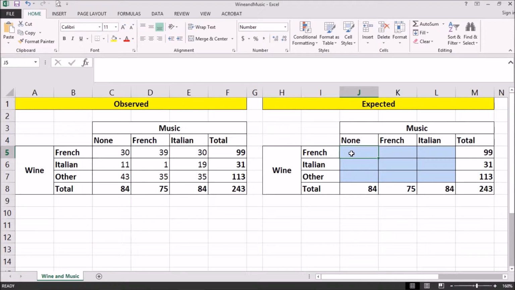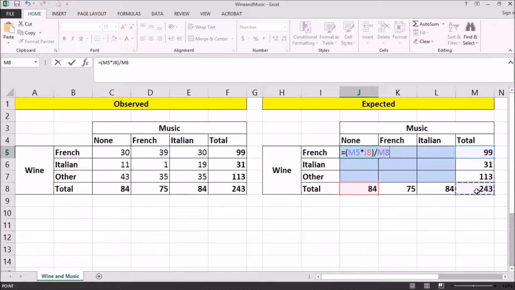To generate our expected table, we use our row and column totals to generate what we would expect in each cell. For our first cell, no music and French wine, we multiply our row total by our column total and divide by our overall total in cell M8.